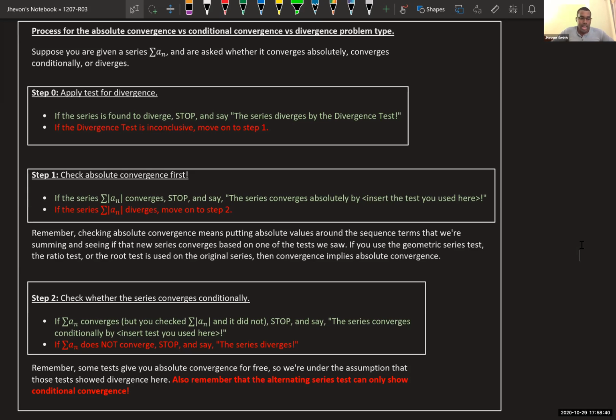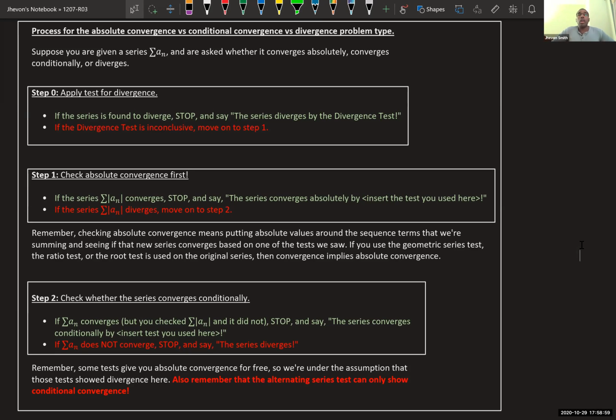You will check absolute convergence first. There are a couple reasons for this. One, absolute convergence is the more important kind of convergence, right? So that's the one that you're really interested in if it converges absolutely.